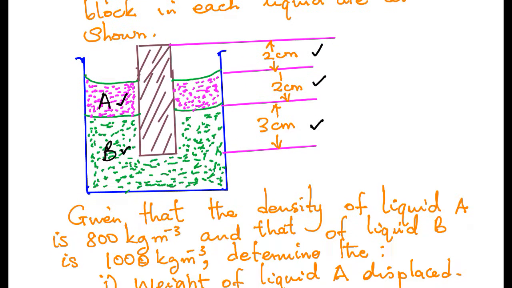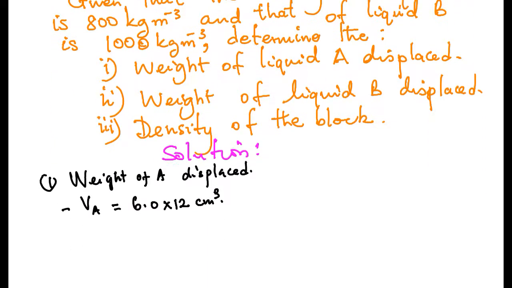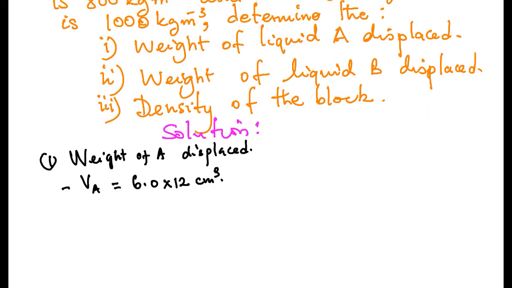Volume of A displaced is 6 times 2 cubic centimeters, which is equal to 12 cubic centimeters.